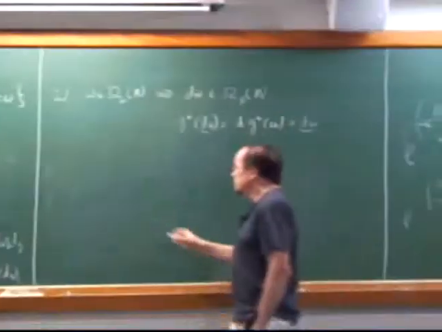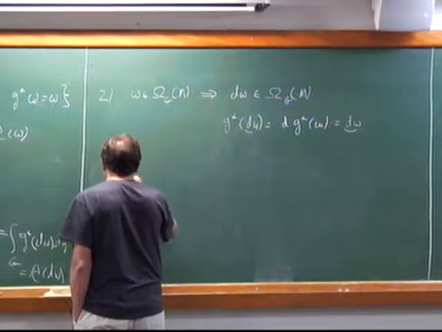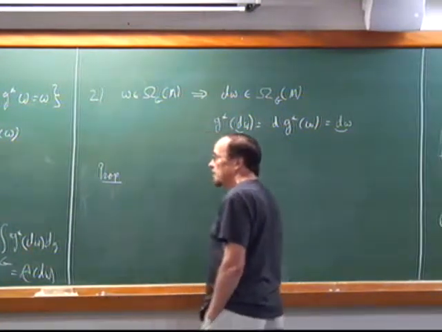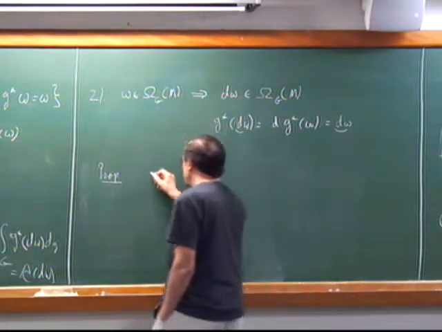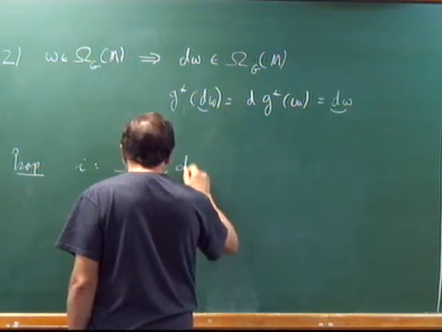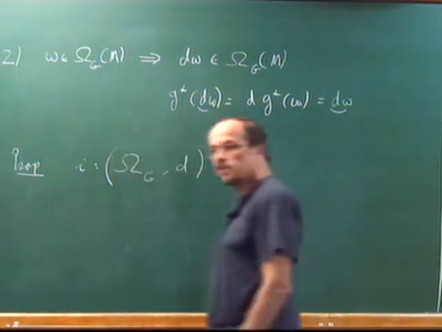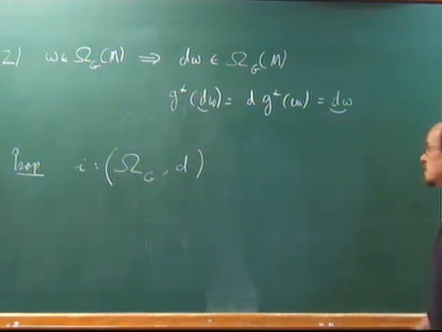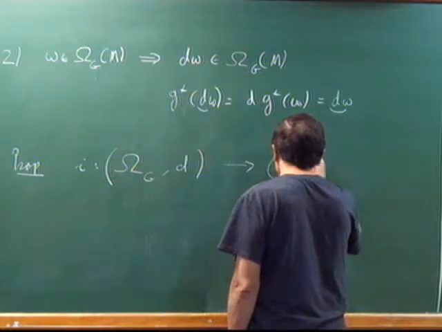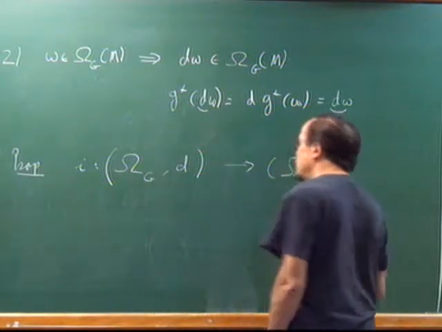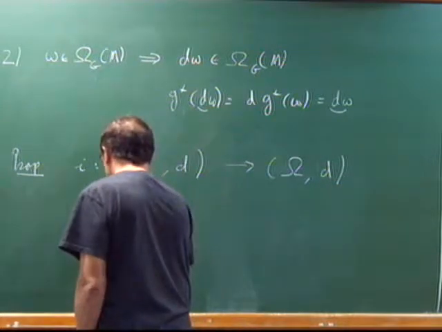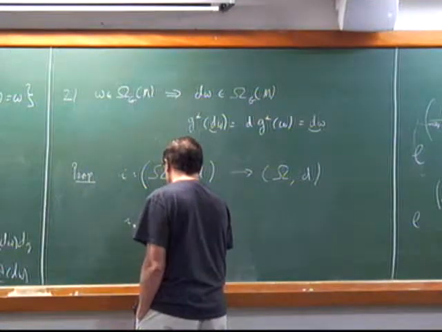So this now implies the following. Under the setup, G acts on M, G is compact. I look at the inclusion of the G invariant forms together with its differential, the exterior derivative. That's a complex. And I can send that into the set of all forms with the usual differential. And I get an induced map in the homology of this complex, if you want to.